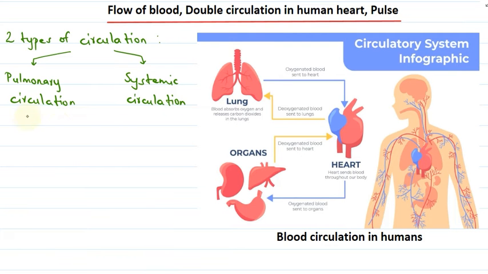So what happens in pulmonary circulation? Pulmonary circulation is actually the flow of blood. It is the flow of blood from lungs to the heart.